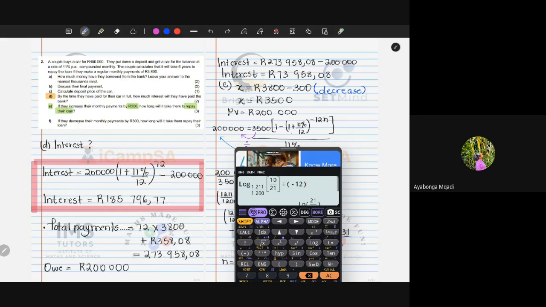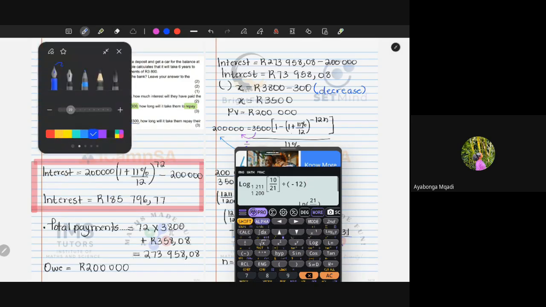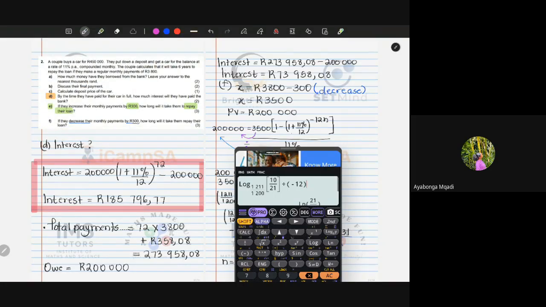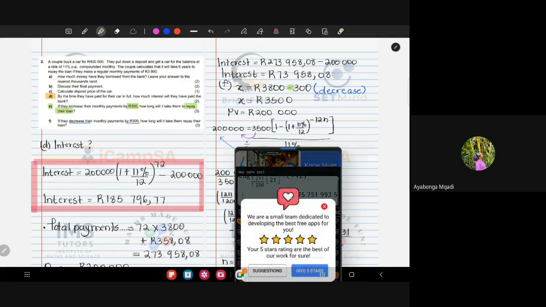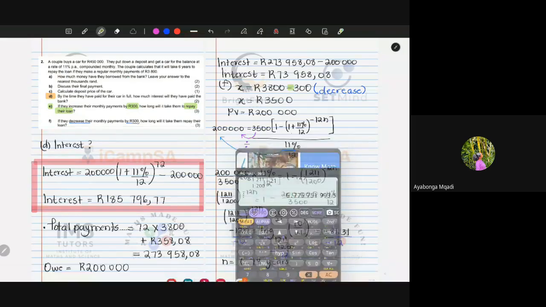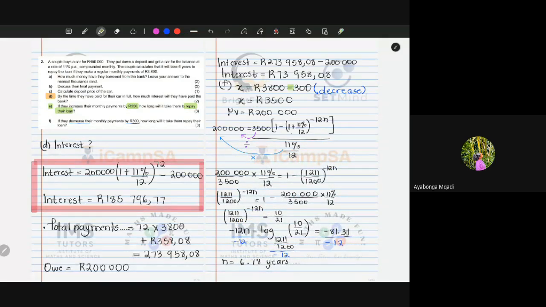In fact, what we did is F. They want to decrease by that. So this E here, let me erase it and put it as F, because F is where they decrease. So you guys should go and try E, where they say increase. Meaning instead of having a minus here, you will have a plus. Does it make sense? And you'll do the same calculation again. The installment will be 3,800 plus 300. So you'll do the calculation and see what you get.